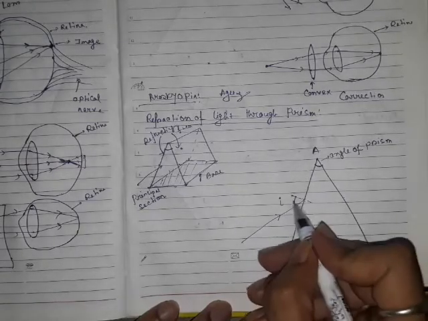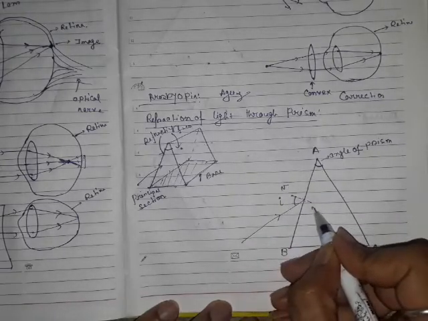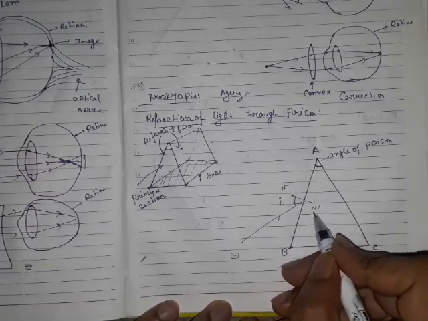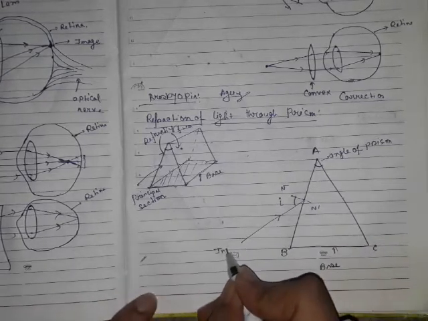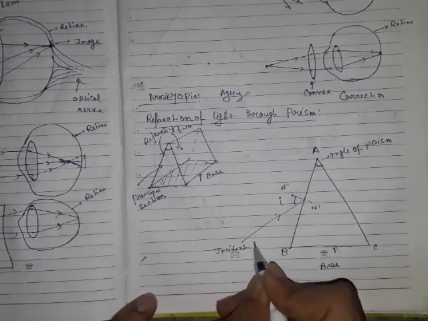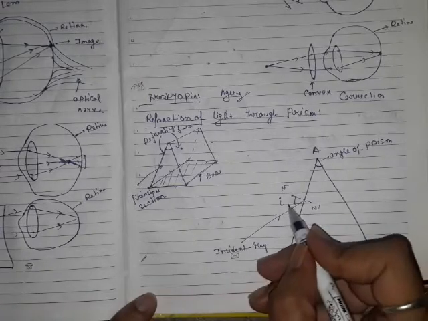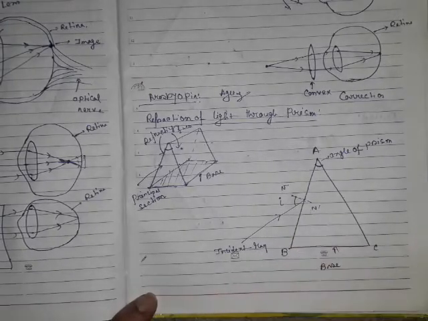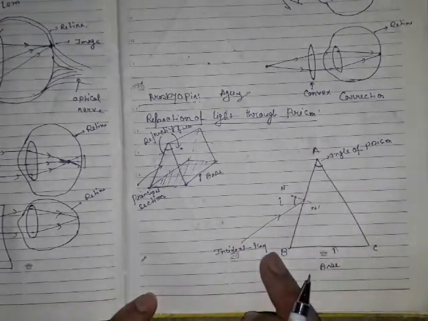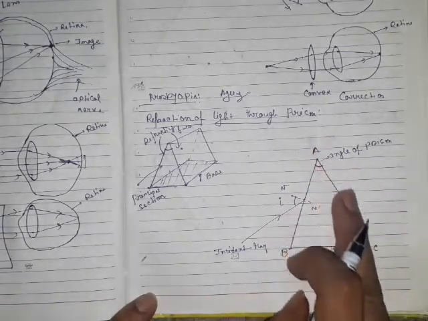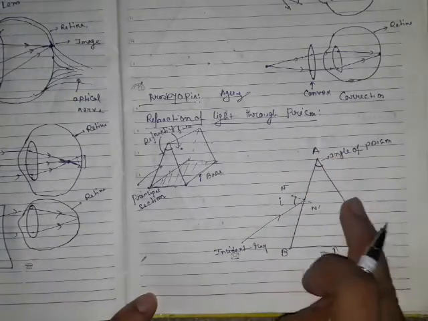This is the normal on this surface, n prime, and this is your incident ray, which makes an angle i with the normal. This surface is your incident surface, and you can expect the light to come out from the other surface.